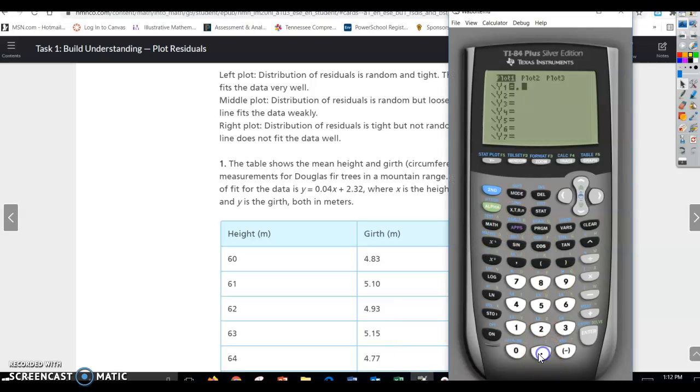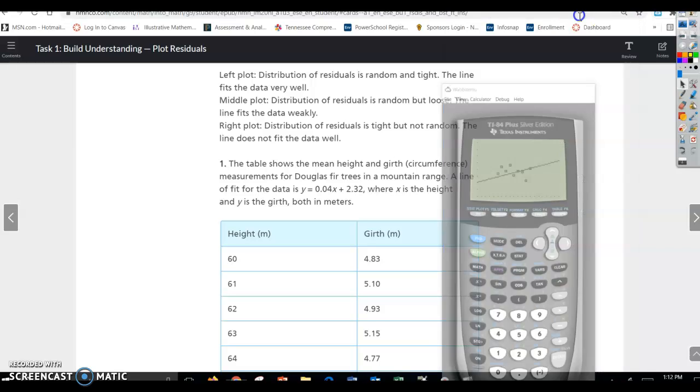So I'm going to put in 0.04x plus 2.32. And then hit graph. All right, so you can see that that is a good equation for this set of points, even though there's some on both sides. That's kind of the best line of fit that you can get, let's say.